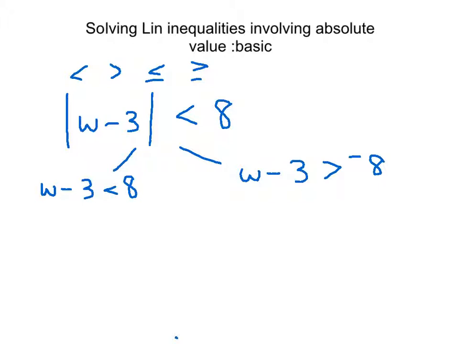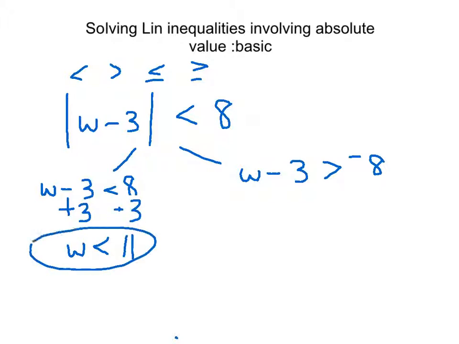Now we just solve them, and again, this is basically a one-step inequality to solve. So we're going to add 3 to both sides. Sorry, that's my brain working way too fast. Let me try again. Let's add 3, not 19, 11. And then we'll get w is less than 11.